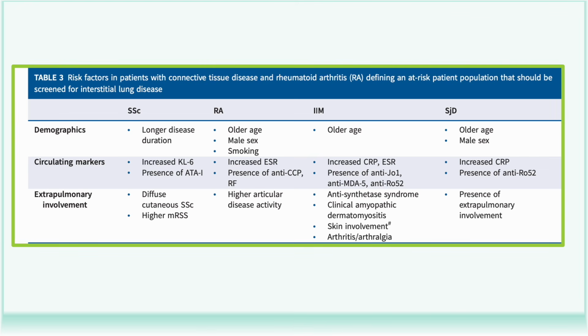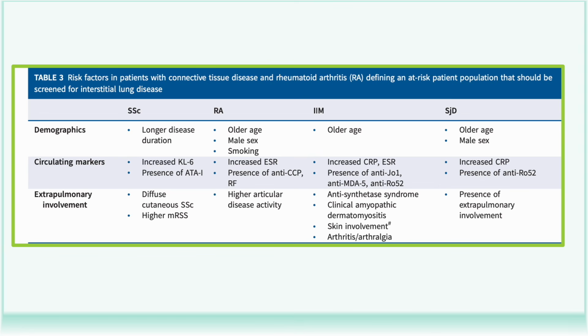Coming to IIMs, it's important to understand that the older the age of the patient, the higher the CRP, ESR, and inflammatory markers, and the presence of specific antibodies like anti-Jo1, anti-Ro52, and anti-MDA5 for anti-synthetase syndrome, they are all risk factors for progression. Also, dermatological involvement, such as mechanic's hands, is clearly linked to higher risk of ILD.